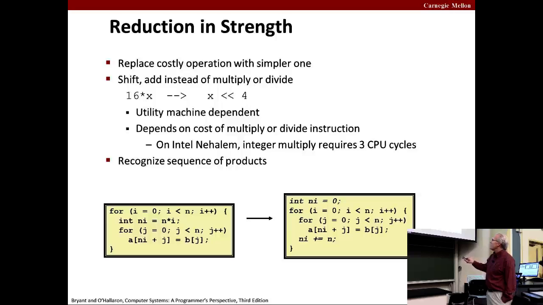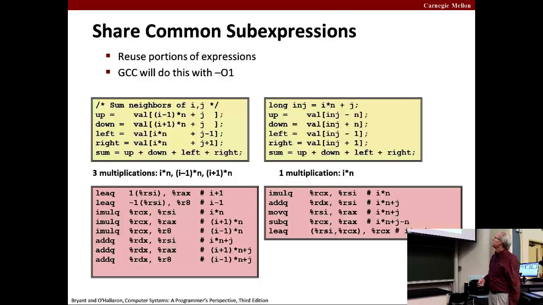So now the inner loop is good, but you realize that this multiplication isn't necessary either, because what we're doing from i equals 0 to i equals 1 to i equals 2 is we're just increasing the parameter ni by adding n to it. That's called a reduction in strength. We've taken a multiplication and turned it into addition because there's some predictable pattern of how this variable ni is going to be updated.